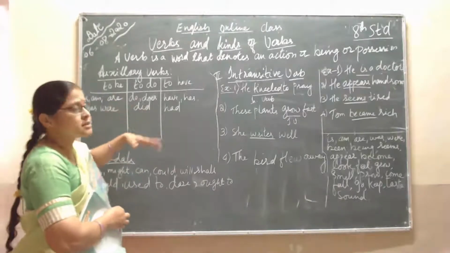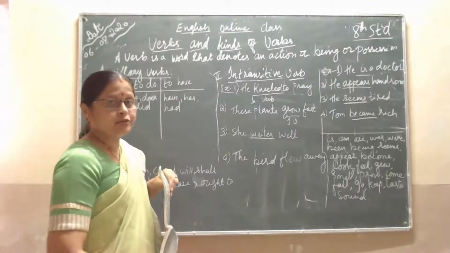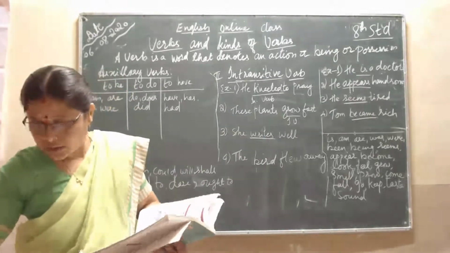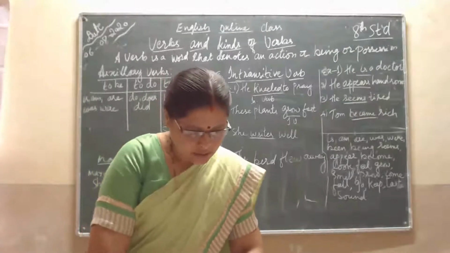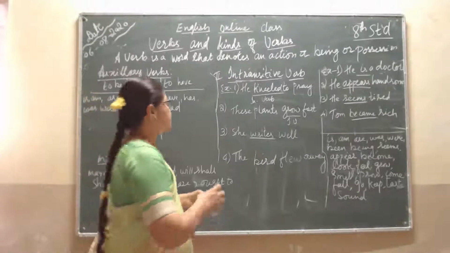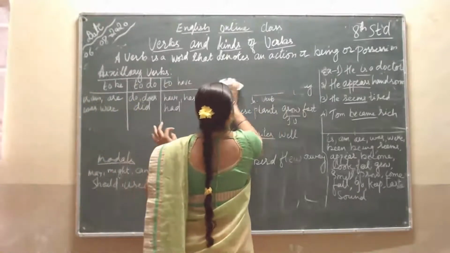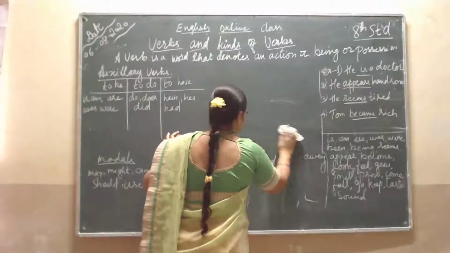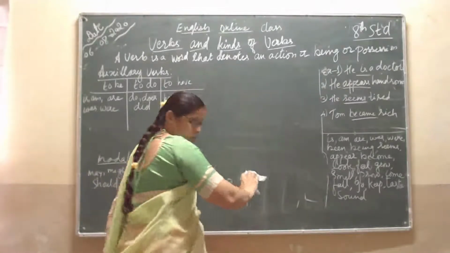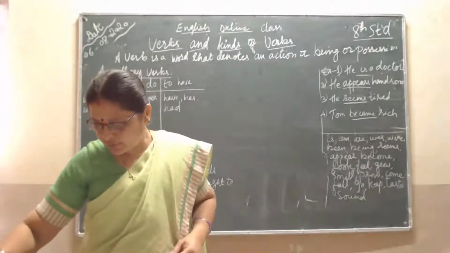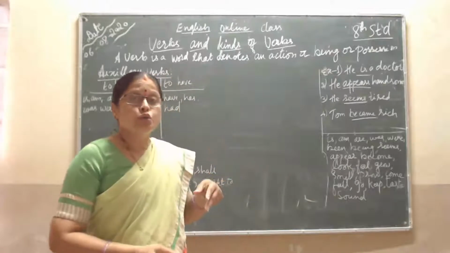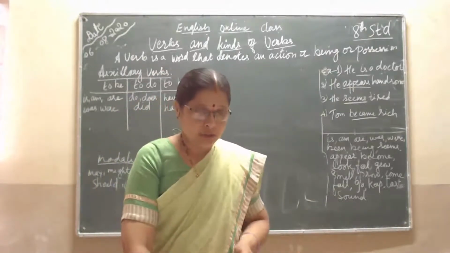Then after this we will see some other verbs, which are called direct objects and indirect objects. Direct object and indirect object themselves say that there are two objects in a particular sentence.